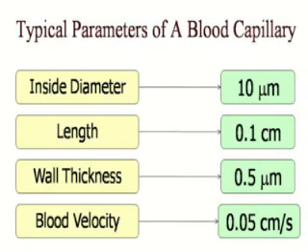And if we think about the typical dimensions for a blood capillary, as shown on the screen, we find that Allah God Almighty designed the blood capillaries to have an inside diameter of 10 micrometers, a length of 0.1 centimeter, a wall thickness for the hollow cylinder equal to 0.5 micrometer, and a blood velocity of 0.05 centimeter per second. So these are the typical parameters of a blood capillary.